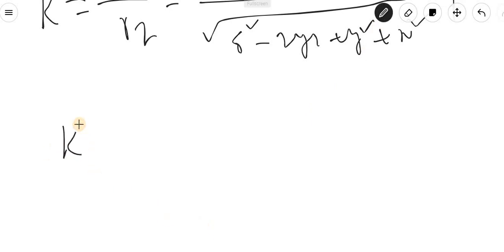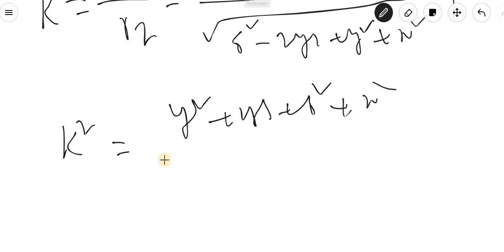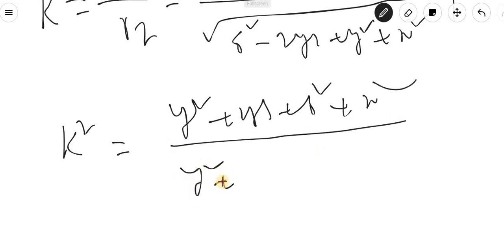We can square it, this K square. Y square plus 2ys plus x square plus x square, and y square minus 2ys plus x square plus x square.